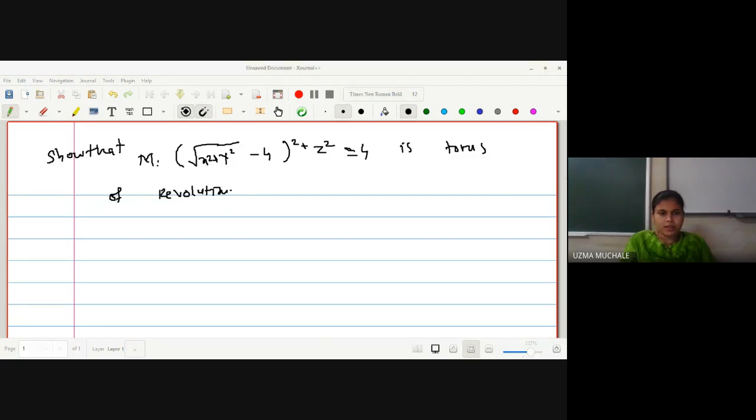Find the profile curve as well as the axis of revolution, and hence find the parameterization for the torus of revolution.